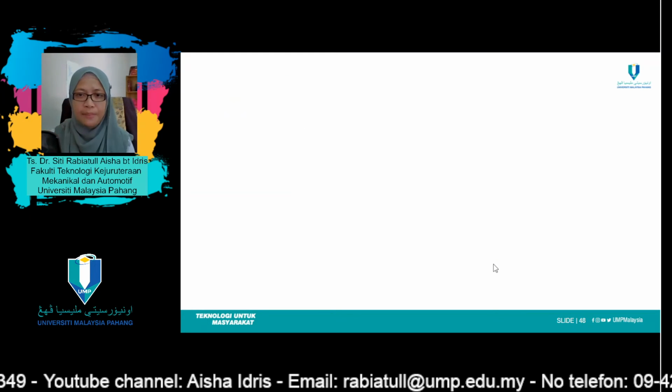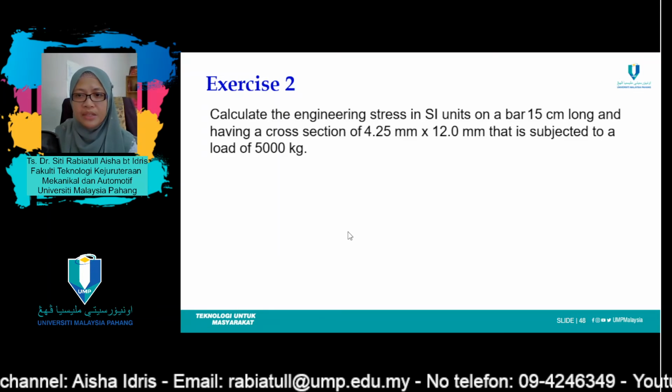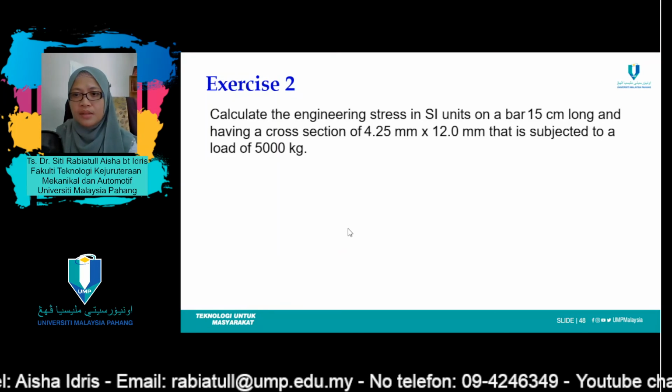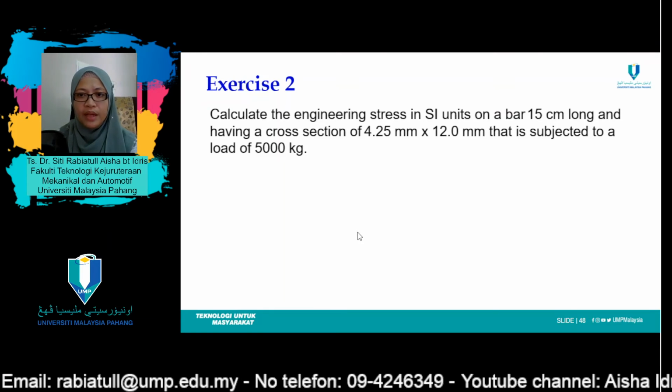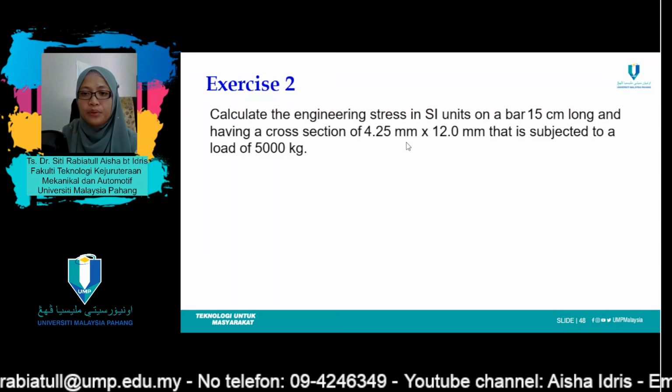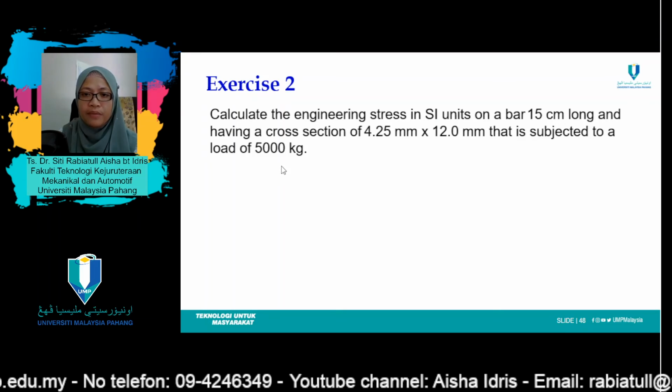Now let's see example number 2. The question asks you to calculate the engineering stress in SI units on a bar 15 cm long and having a cross section of 4.25 mm times 12 mm that is subjected to a load of 5,000 kg.